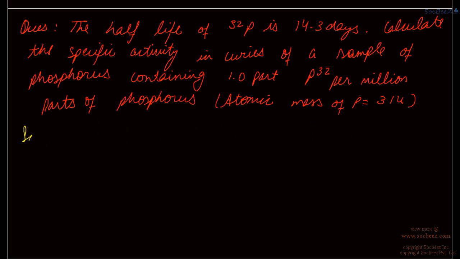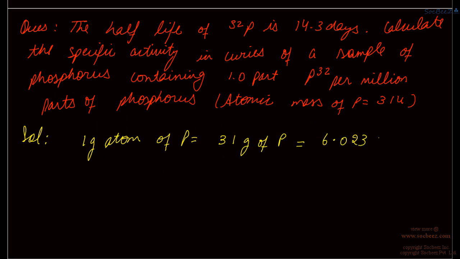Okay, to solve this question, we know that specific activity means activity per gram of sample. Now 1 gram atom of phosphorus equals 31 gram of phosphorus equals 6.023 into 10 raised to power 23 atoms.